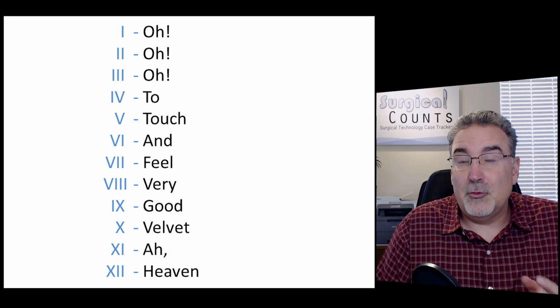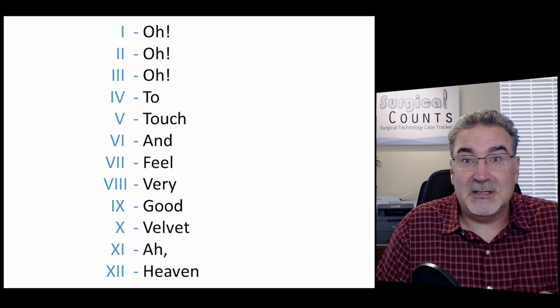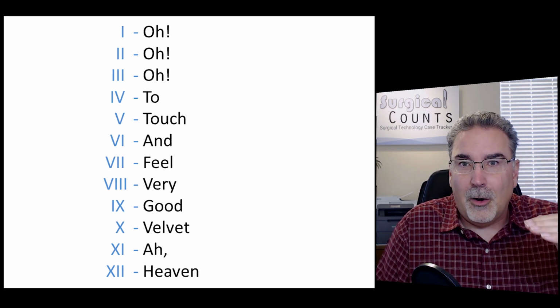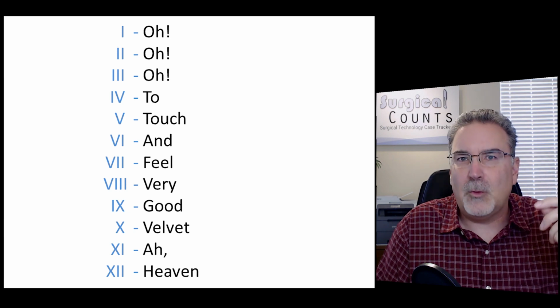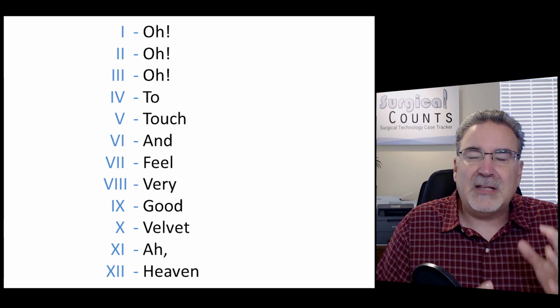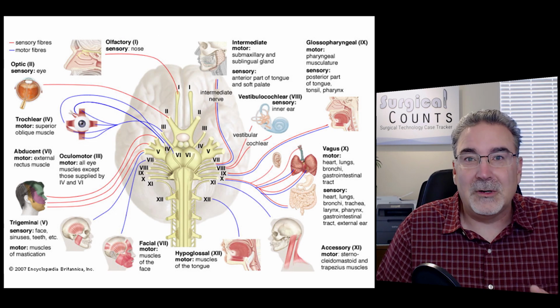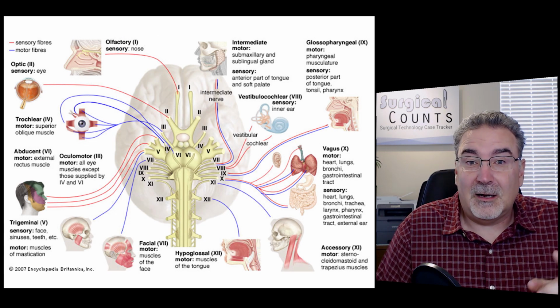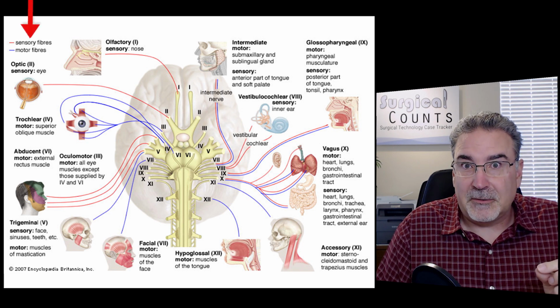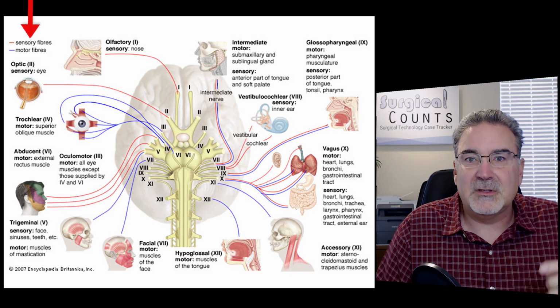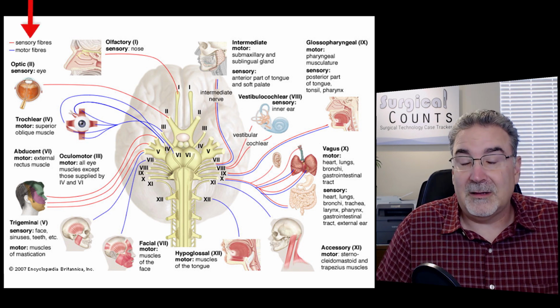But just remembering the mnemonic isn't necessarily going to help you, because it starts out with O, and you've got to remember, okay, now which O is which? It gets a little confusing. So that's one of the reasons that I really like this graphic. This is a really cool graphic. Not only is it color-coded, it shows sensory fibers versus motor fibers in red versus blue, which I think is kind of cool.